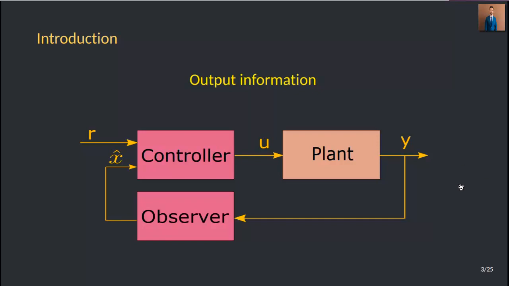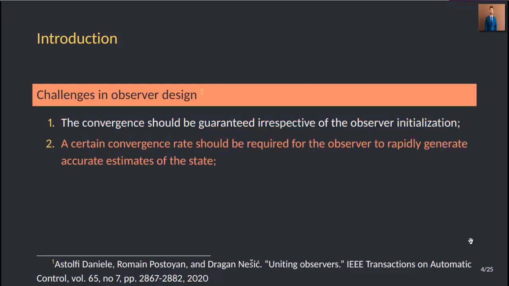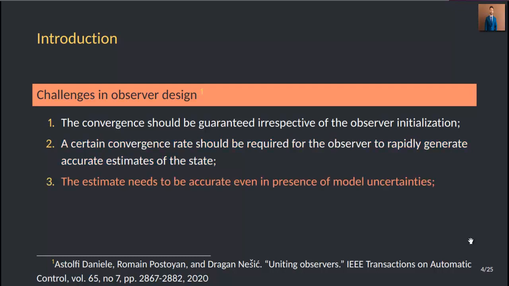We focus ourselves here in the observer design. So what are the challenges in observer design? First, the convergence should be guaranteed irrespective of the observer initialization. Also, a certain convergence rate should be required for the observer to rapidly generate accurate estimates of the state. The estimate needs to be accurate even in the presence of model uncertainties.